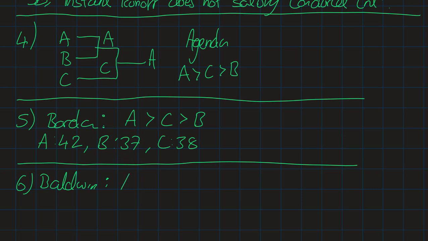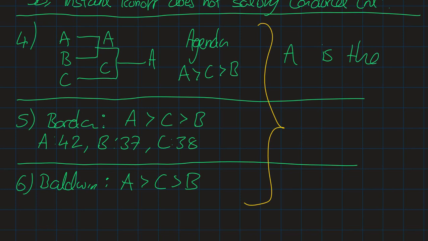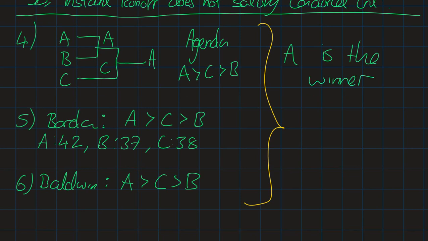And if you do that, you'll find that the social ranking is ACB. Okay, so what does this mean? Well, in all 3 of these voting systems, A is the winner.